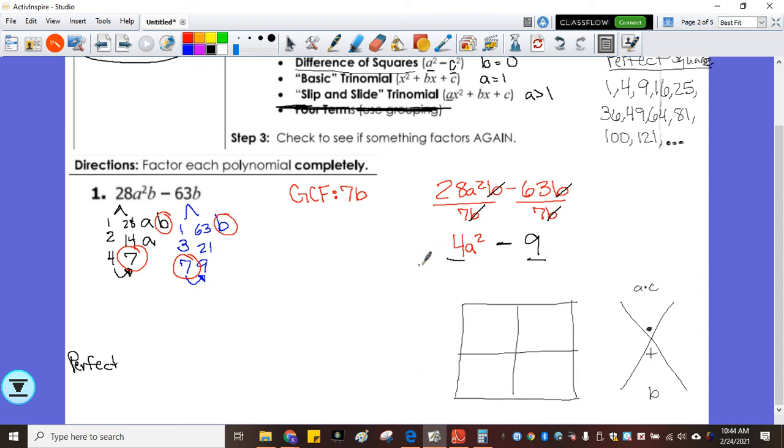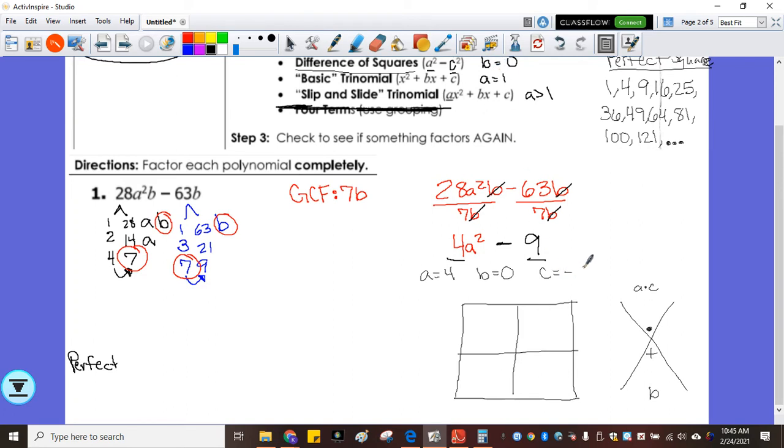So here, a is 4, b is not written because remember, b is always the number with x. So there is no number with just a. So it'd be 0. Difference of squares, your b is always 0.